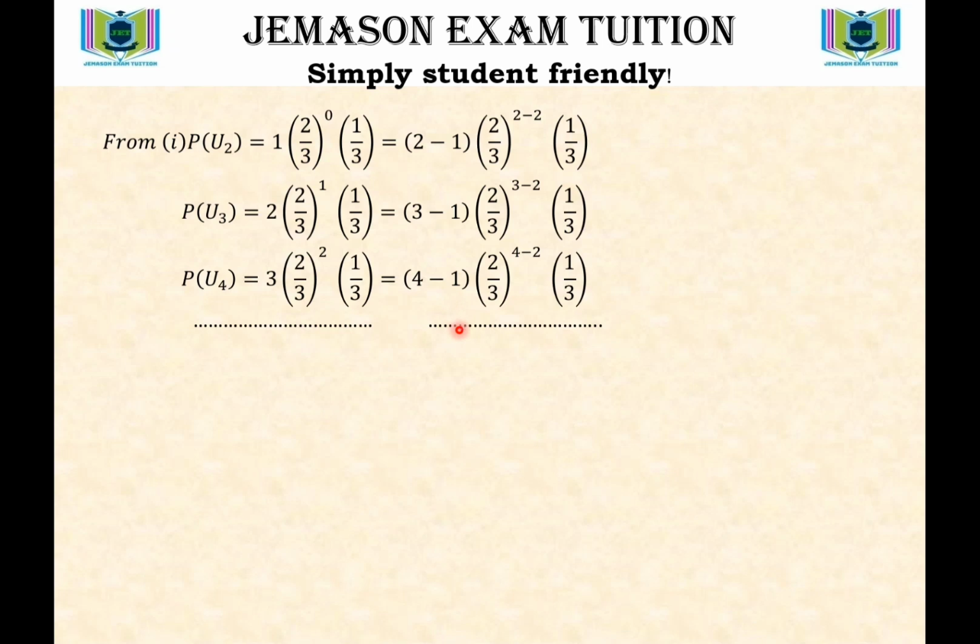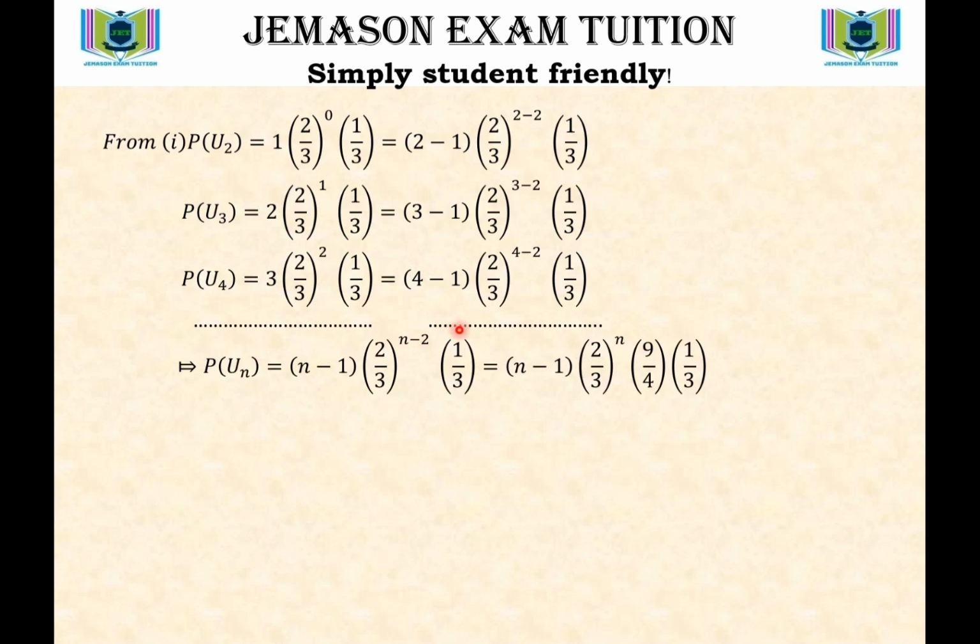This again can also be written following a pattern which will be useful in determining P of Un as the question is asking. So looking at the patterns in which P of U2, P of U3 and P of U4 have been written, 1 can be written as 2 minus 1, 2 over 3 to the power 0 can be written as 2 over 3 to the power 2 minus 2, so that it should reflect the subscript of n, which is 2 in this case, and then times the last probability for a white, which is just 1 over 3.